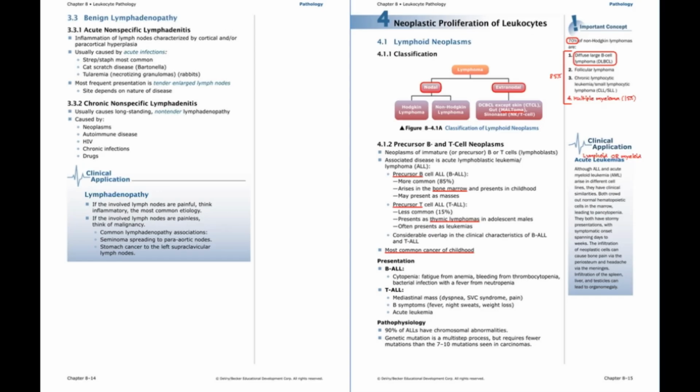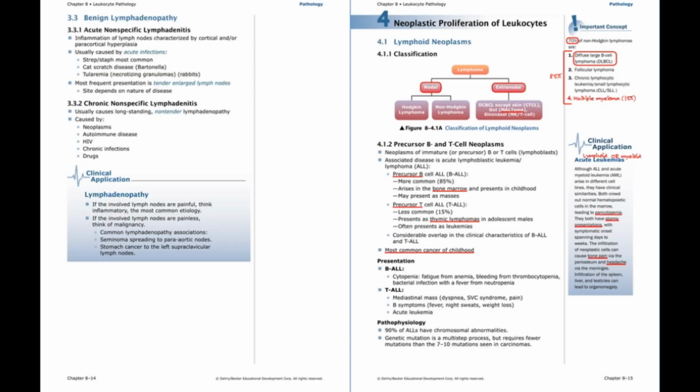They both crowd out normal hematopoietic cells in the marrow, and that leads to pancytopenia. They both have very stormy acute presentations with a symptomatic onset over a few days to weeks. And that can be so dramatic that both can have infiltration into the marrow that can cause bone pain by stretching the periosteum, and they can both present with headache via the meninges. But remember, they come from fundamentally different cell lines, and they are fundamentally different diseases, however similar their clinical presentations are.